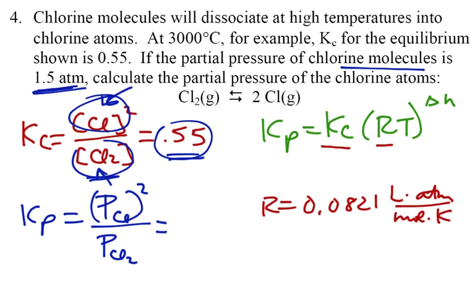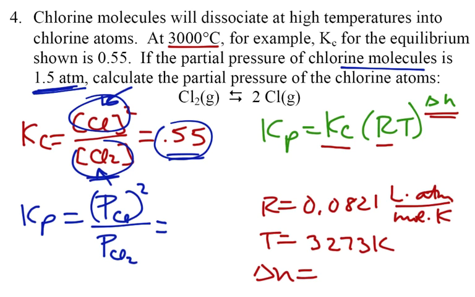T is temperature in Kelvin. So here we do need our temperature, it turns out. So we can't use 3,000, we have to add 273, so 3,273 Kelvin. And the delta n is the number of product moles minus the number of reactant moles, so of gas. So 2 moles of gas minus 1 mole of gas, so delta n is equal to 1. 2 minus 1 is 1. So we know all our variables, and we can substitute those in, get a value for Kp.